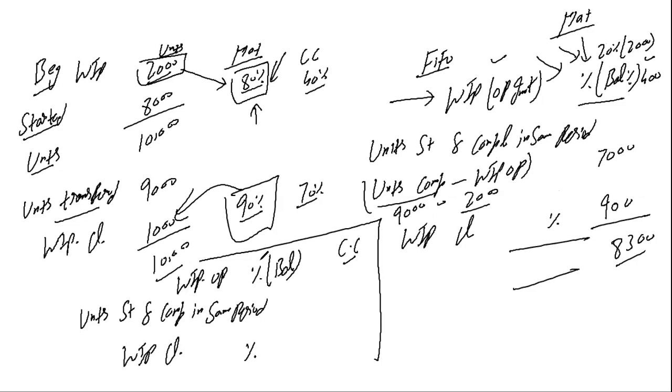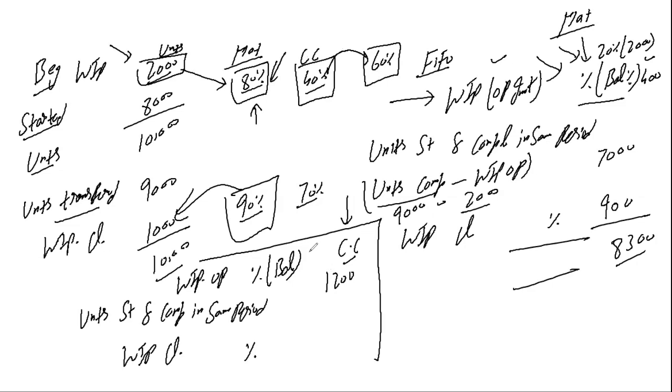Now I have to solve the same question for conversion cost. Students, opening units, we have 2,000 units, and these 2,000 units are 40% completed with respect to conversion cost. So how much is the balancing one? How much is the remaining one? 60%. That 60% I'll apply on these 2,000 and I'll get the answer 1,200.